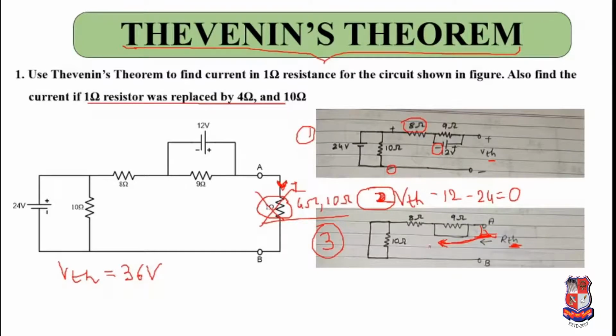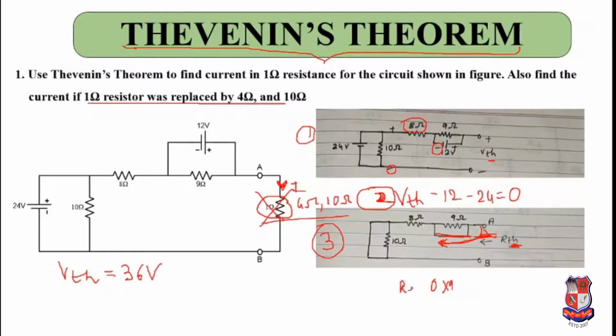So from here, if you look for RTH, this 9 ohm is shorted by a simple wire. When you short a resistance, the result is a short circuit only. Why? Because a short circuit means 0 ohms and there is a 9 ohm in parallel.